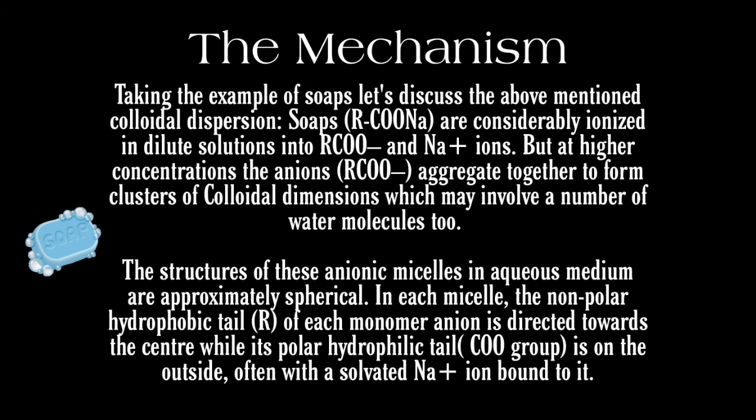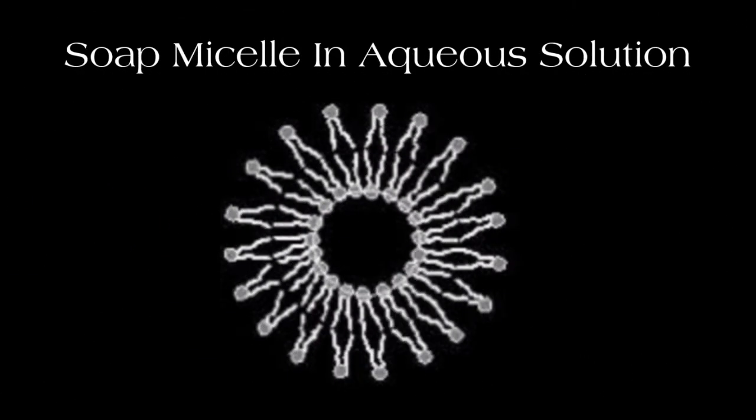But at higher concentrations, the anions aggregate together to form clusters of colloidal dimensions. The micelle structure will obviously be spherical. As in the figure, the nonpolar hydrophobic tail of each monomer will be directed towards the center while the polar hydrophilic head faces outside, and the Na+ will be bound to the aggregates. Thank you all for listening this much.